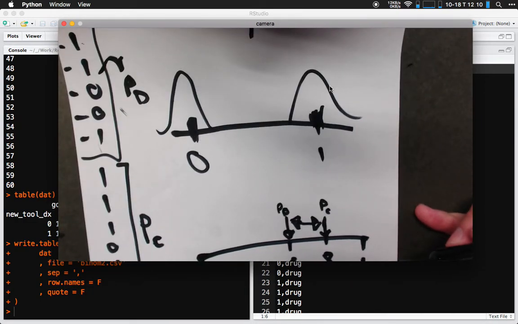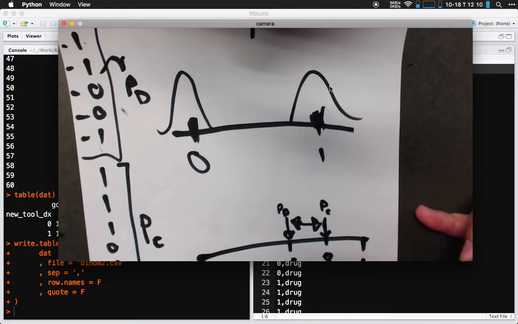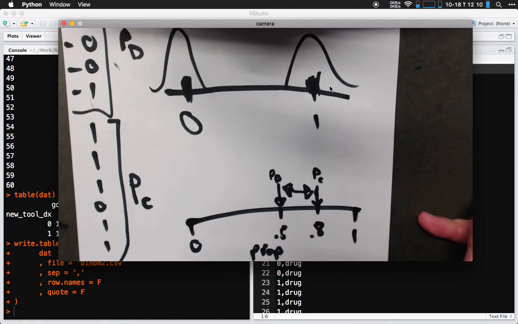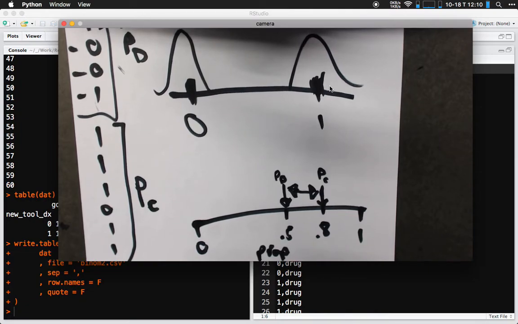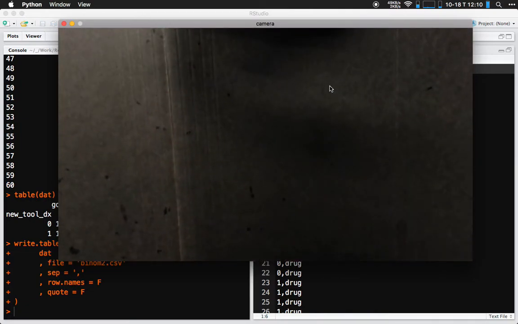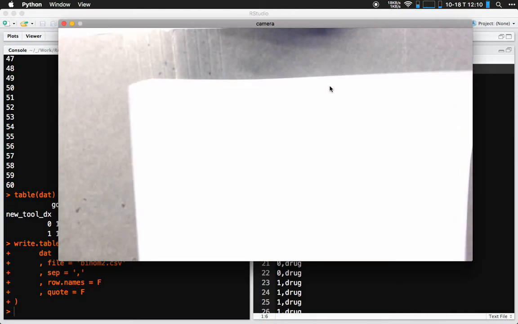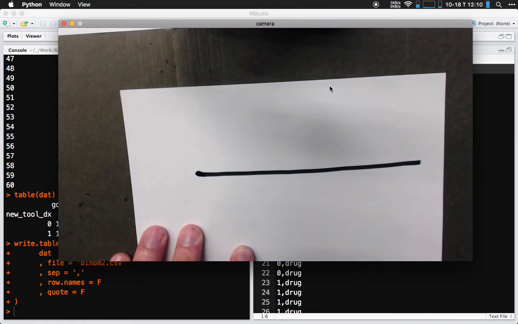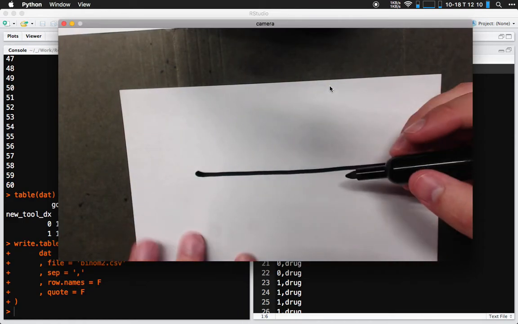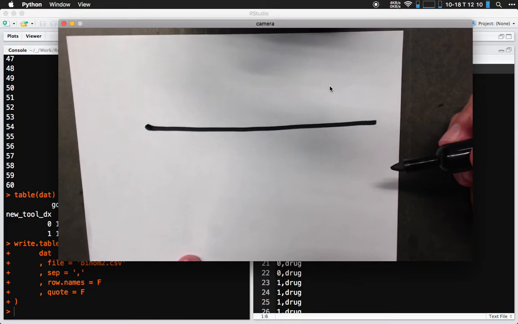So for our generative model, a very common thing to do is to have a generative model as follows. You say that each group has, let's see, what would be the best way to put this?